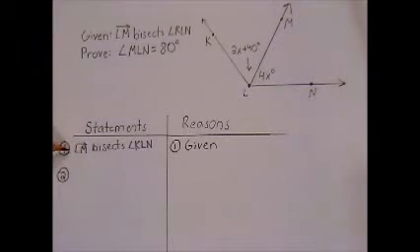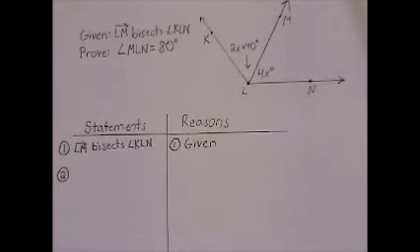Now, to get from one line to the next, we have to use our deductive reasoning. We have to draw conclusions about what's given to us. So when you look at this, you should be thinking in your mind, okay, what do I know about an angle bisector?